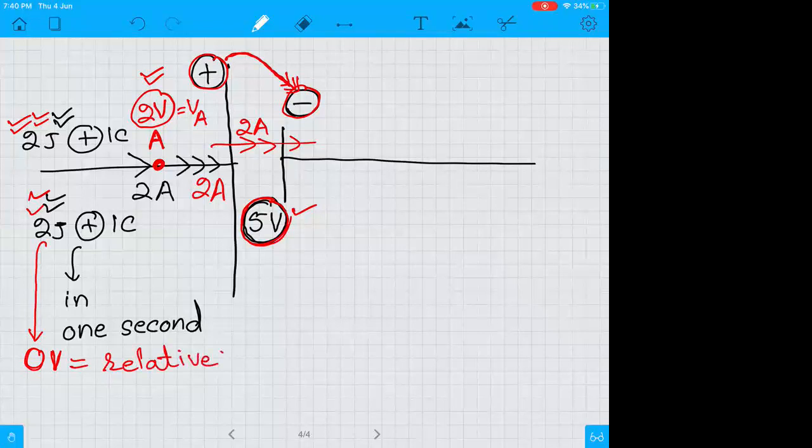What this means is that this 0 volt is human defined. It is not absolute, but it is a defined value. When this 0 volt is a defined value, then this 2 volt could be anything. It could be 100 volts, 110 volts, or any value.